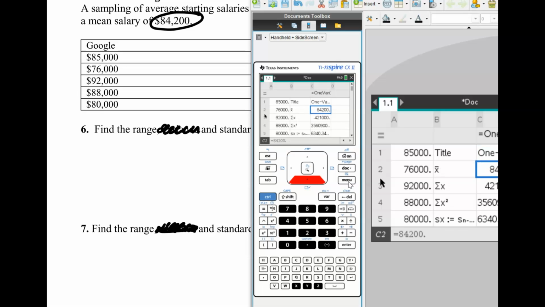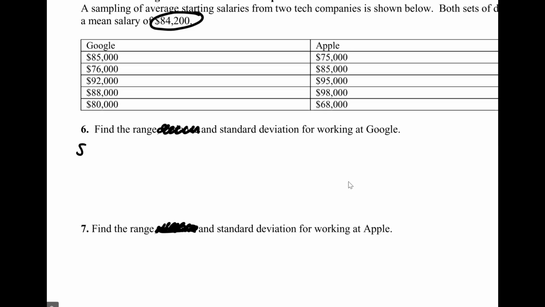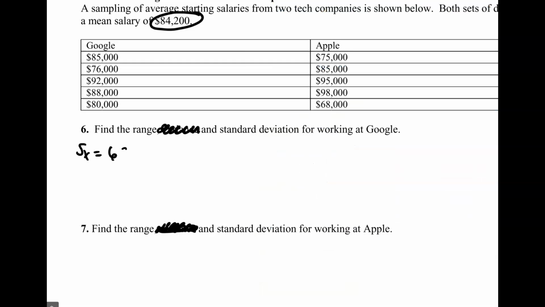So notice that the mean is 84,200, like I said. Standard deviation. SX standard deviation. Oh no. What did I say it was? 6,340. 6340.3.